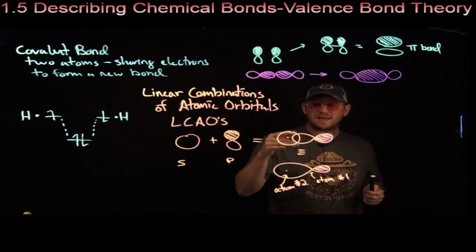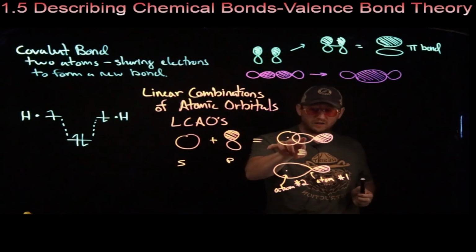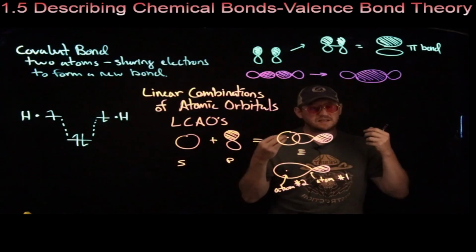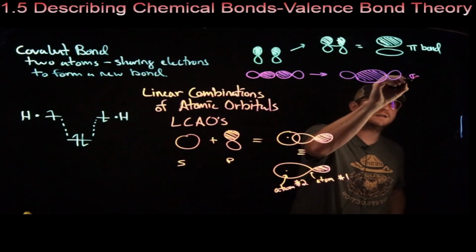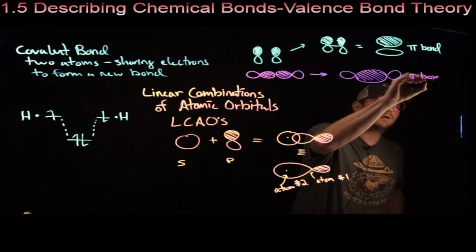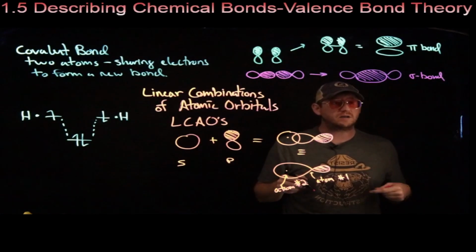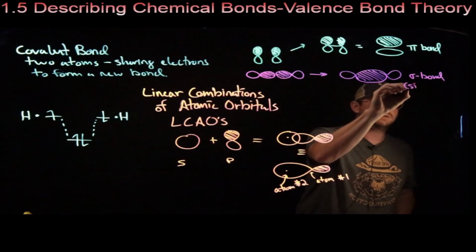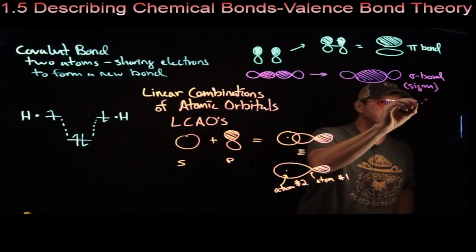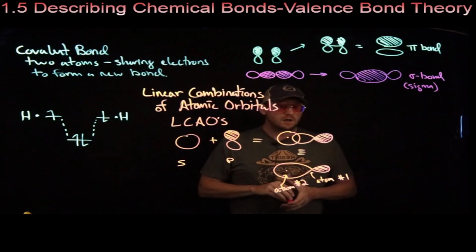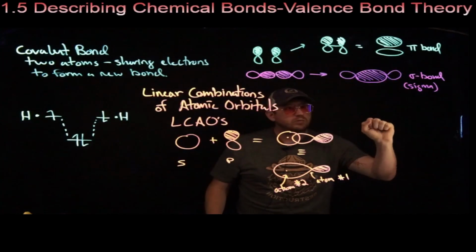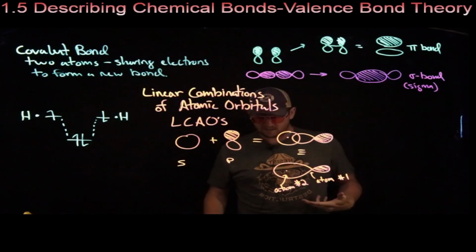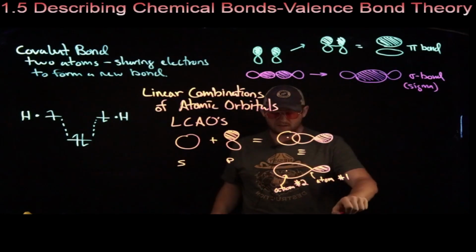And in the case for bonds where the electron density is directly between two atoms, we're going to define that as a sigma bond. So we have pi bonds and sigma bonds. And for this course, that's all we're really going to rely on, are pi bonds and sigma bonds in these molecules.